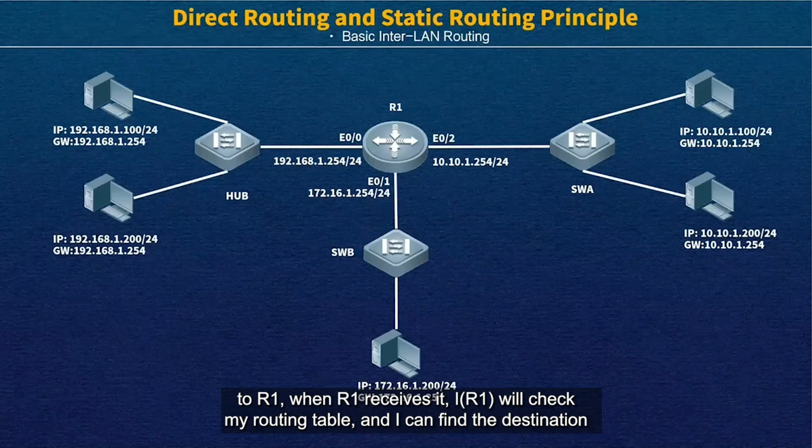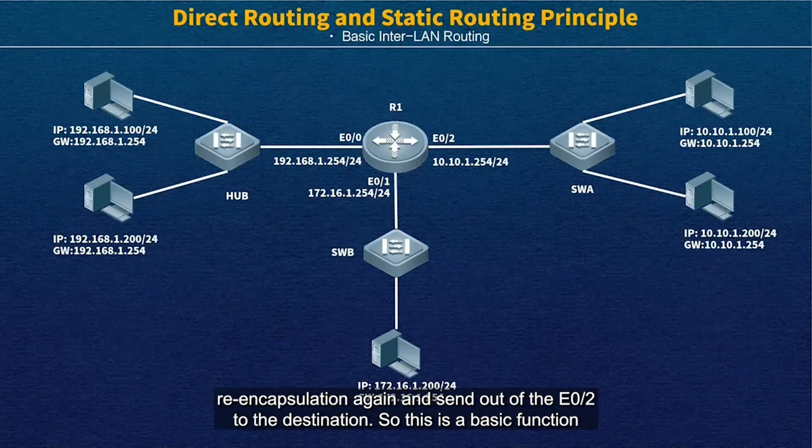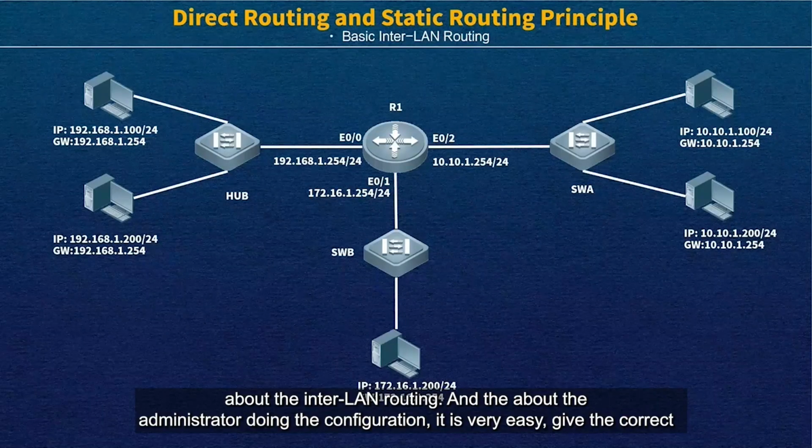When Route 1 receives it, it will check its routing table and find the destination IP address belongs to the same segment as a direct route. So it will do the re-encapsulation again and send it out of Ethernet 0/2 to the destination. So this is the basic function of inter-LAN routing.